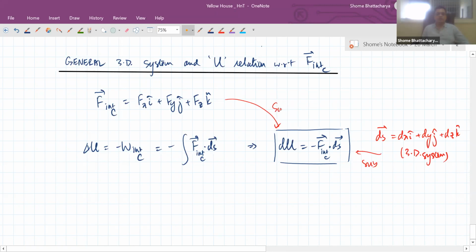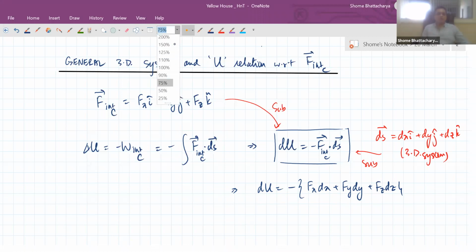On substituting the value of force, our change in potential energy dU for this small displacement becomes minus of Fx dx plus Fy dy plus Fz dz. So it becomes a three-dimensional version of what we had seen for the 1D system. There it was minus F dx, here it is minus Fx dx minus Fy dy minus Fz dz. So this becomes this relation.